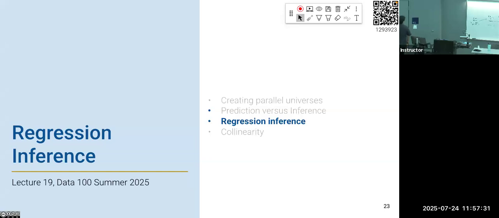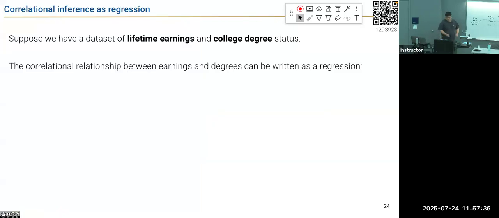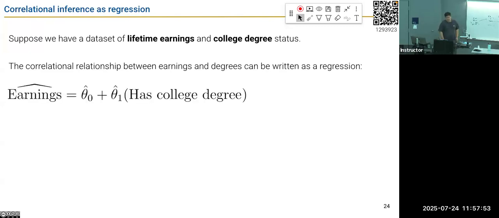So today we're just going to talk about correlational studies within the inference realm. The example we're going to use is the lifetime earning versus college degree study. One way to study this correlational relationship is via a regression problem. You can frame this as: I want to predict someone's lifetime earnings with college degree status as a feature.